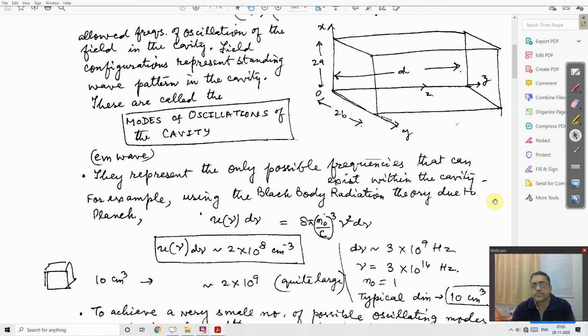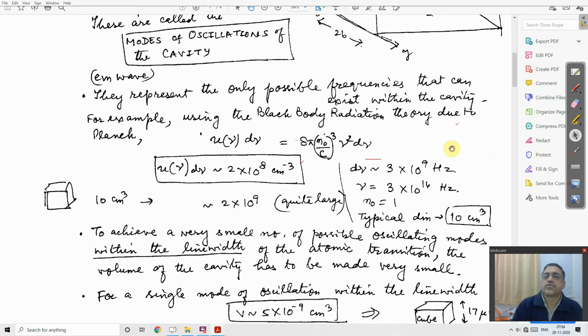For example, we have seen the black body radiation spectrum, and due to Planck, you recall that u nu d nu, that means the energy density within a frequency range d nu, must be 8 pi n naught cube by c cube, that means 1 by velocity cube, nu square d nu.